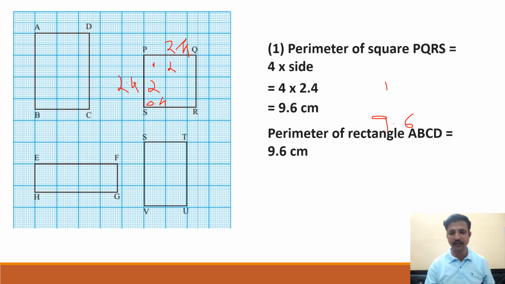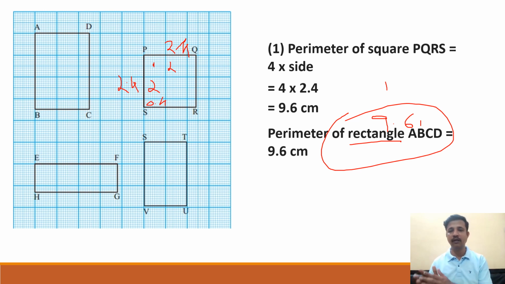Not rectangle, it is a square. Perimeter of square PQRS equals 9.6 centimeter. Correct.